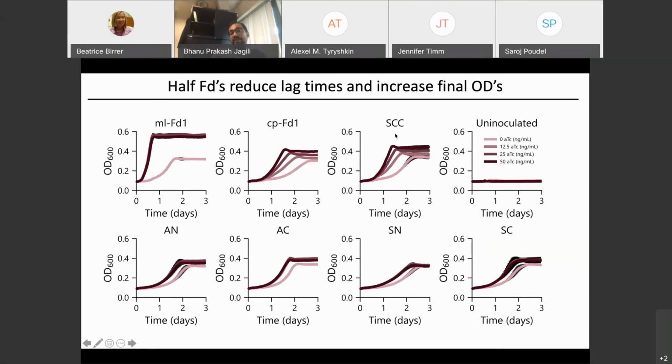This is SCC, which is Andrew's design, a symmetric monomeric ferredoxin design that can also transfer electrons in vivo and can rescue these E. coli cells. And this is an uninoculated cell, which is basically a negative control. Here there is no ferredoxin gene at all, so even in presence of ATC, there is no rescue of the E. coli cells, and the cells will eventually die.